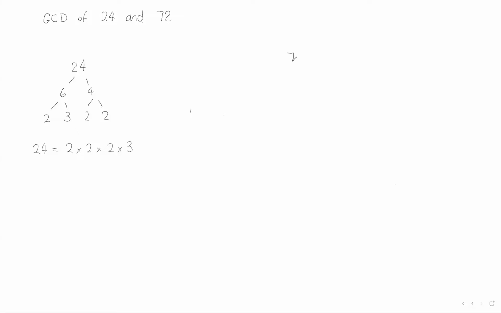Let's do the same for 72. Again, it doesn't matter what pair of factors you choose. I'm going to choose 8 times 9. And 8 is 4 times 2, and 9 is 3 times 3. I'll circle the primes to make it really clear that they're primes, and that's why I've stopped.